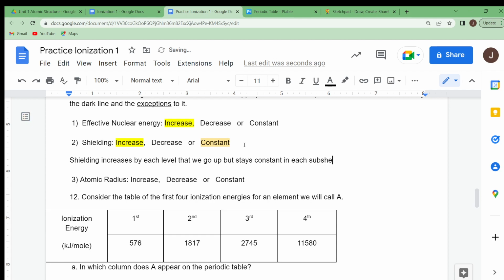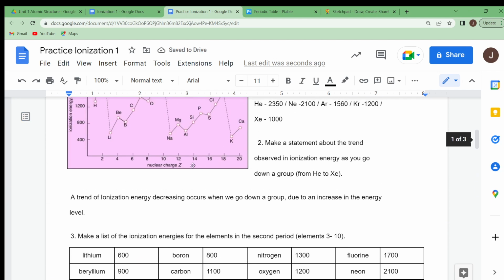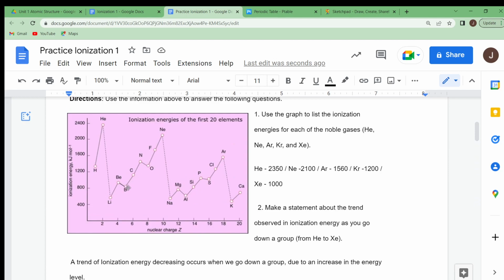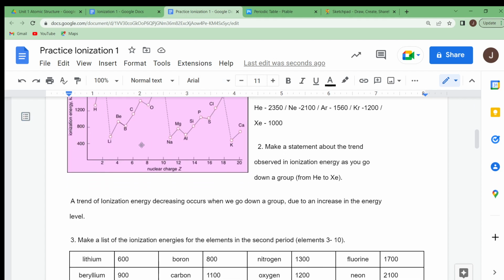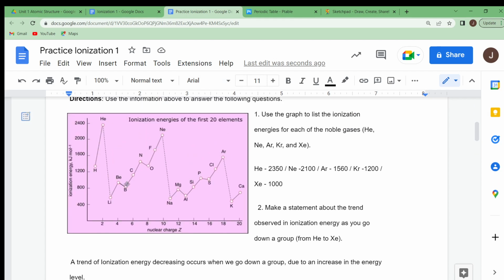Okay, so whenever we start the P subshell, that means that we have a new bit of shielding, and that shielding continues on until we reach the next energy level.